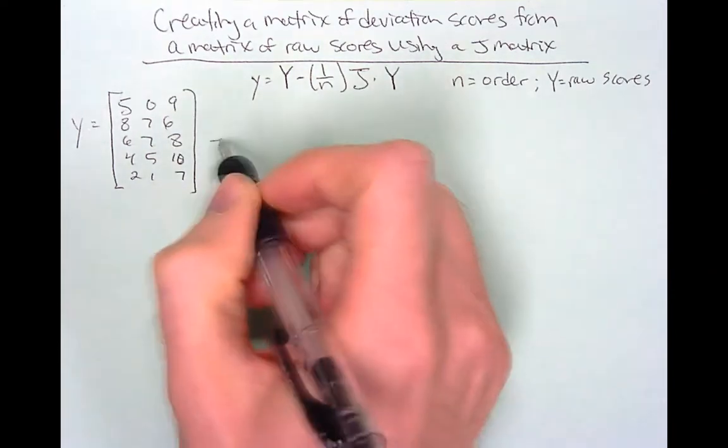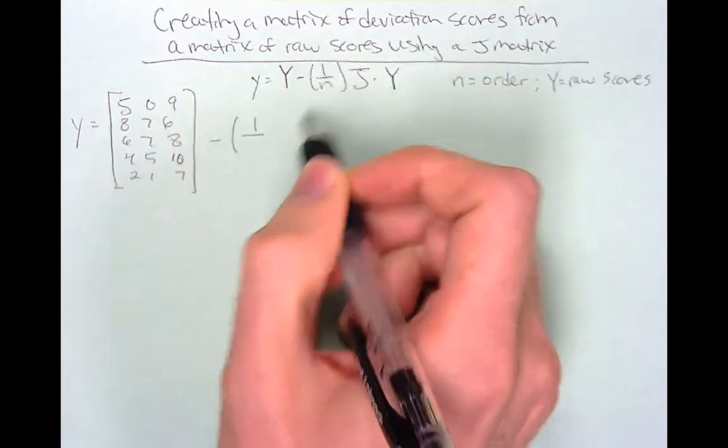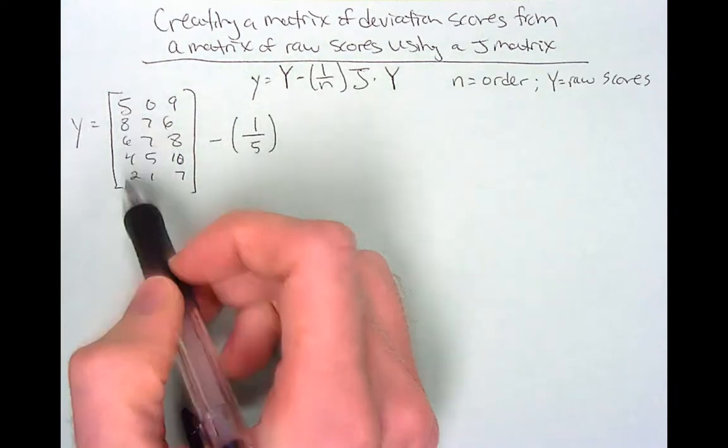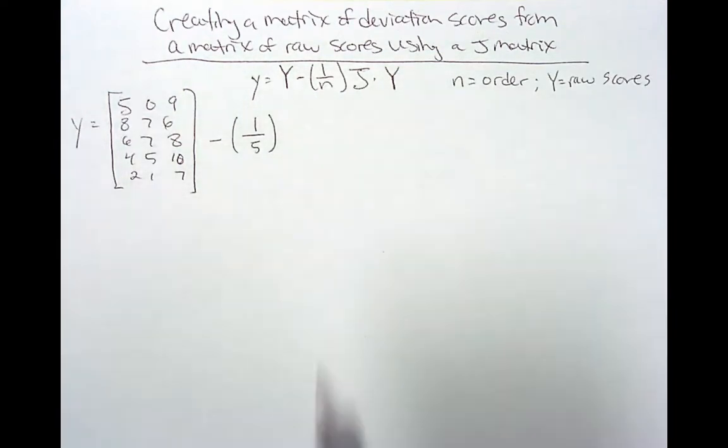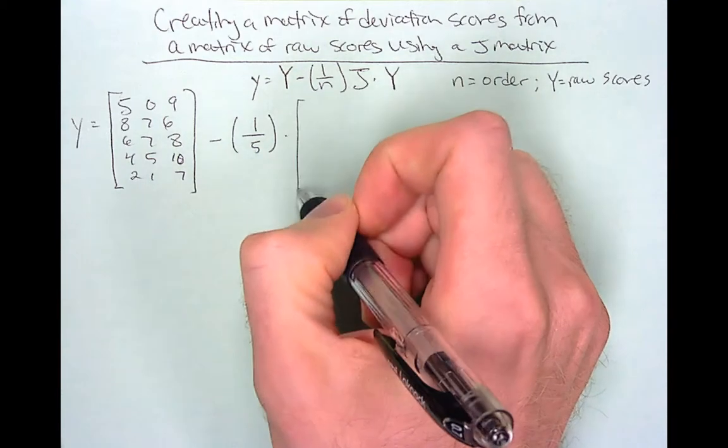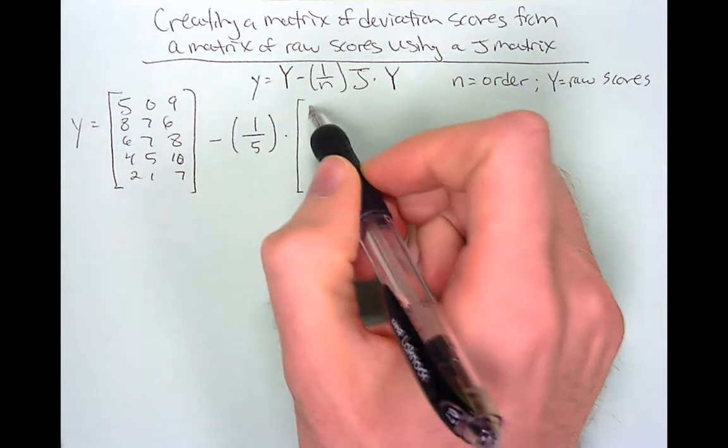And we're going to subtract that by 1 over, now our order is 5. We have 5 rows here, and we're going to need a 5 by 5 J matrix. So that's just ones.